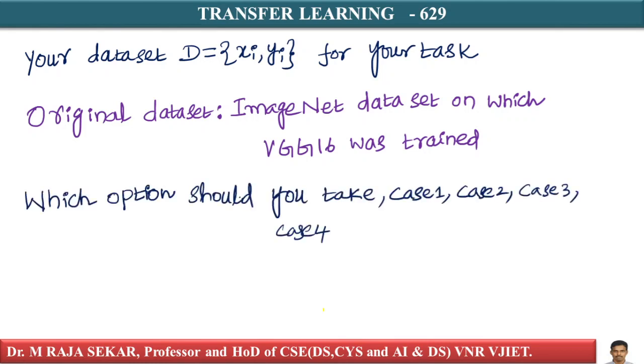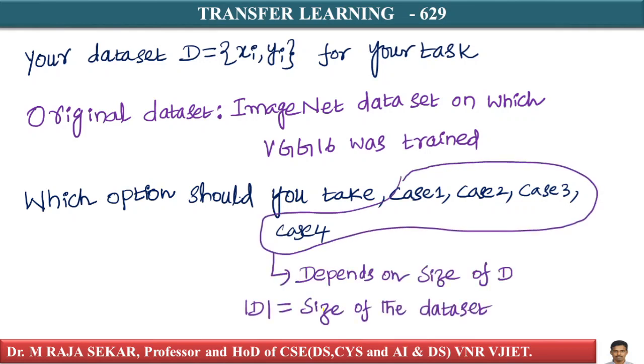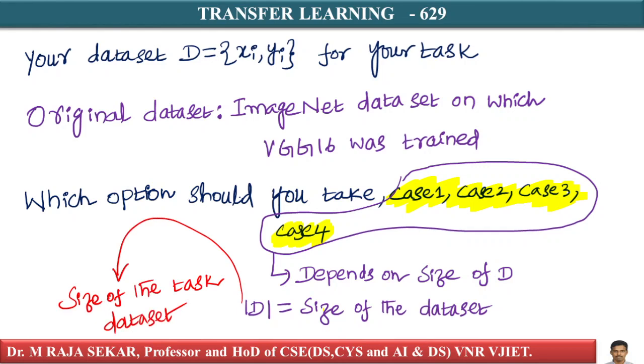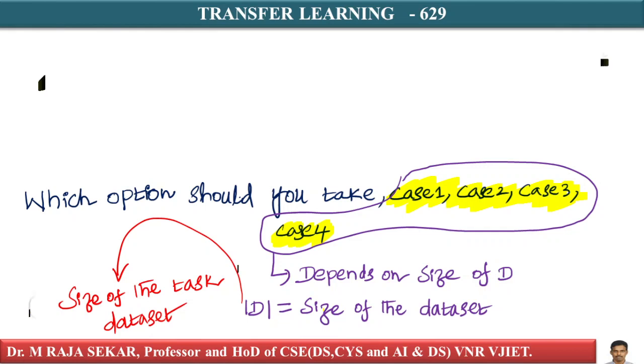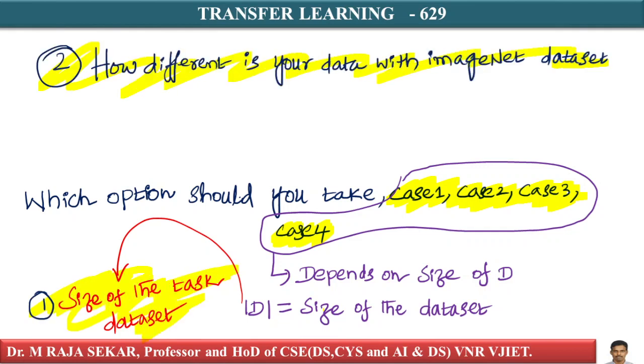Case 1, case 2, case 3, case 4 depends on the size of D, the size of your task data set. The first factor is the size of the data set, and the second is how different your data set is from the ImageNet data set.